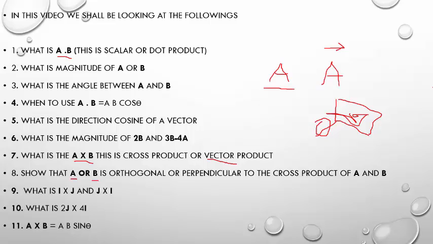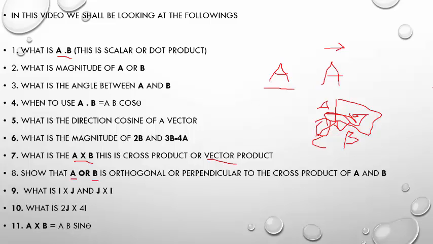Let's assume that this is my A, this is my B. So this is C, which is their cross product. It is perpendicular to the plane of A and B. So it will be at 90 degrees to B and it will be at 90 degrees to A. And that will show us that our answer is correct.